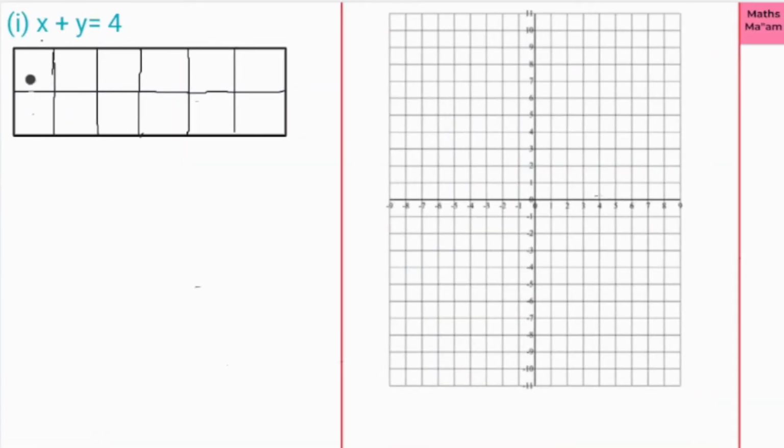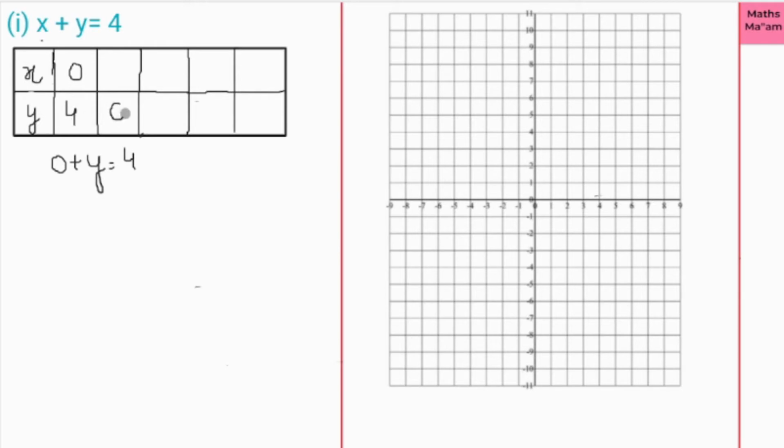So the first step is, first of all, make a table like this and we'll consider different values of x. Suppose we'll try for 0. If x is 0, then y value would be what? 0 plus y is equal to 4, which is equal to 4 only. We can also consider the value of y.